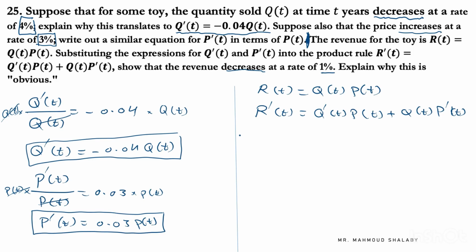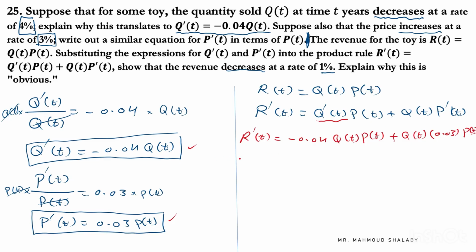Now, all I will do now is to substitute. So R prime of t now equals, I will replace Q prime of t by negative 0.04 Q of t, and we have here already P of t, plus Q of t multiplied by P prime of t, which is 0.03 P of t.